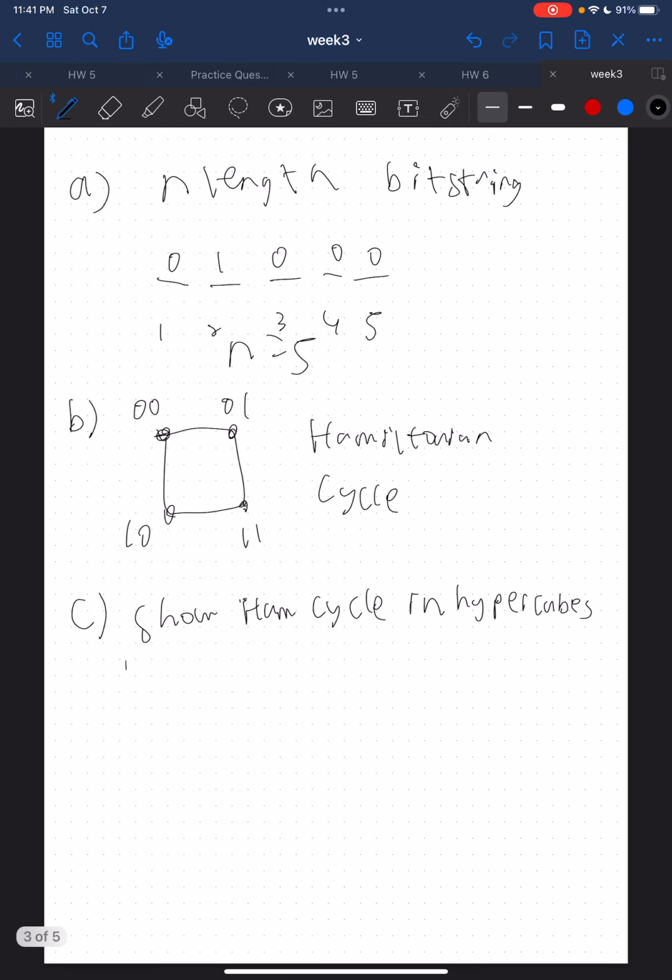The hypothesis is that for any k, for some k, a hypercube of k dimensions has a Hamiltonian cycle.